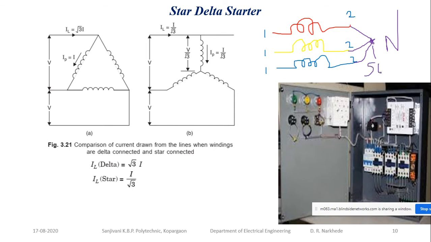In a star connection, all the similar terminals are connected together, either the starting terminals or the finishing terminals. Is it clear to everyone? In star connection, the similar terminals, either starting or finishing terminals, are all connected together, and that particular point is called the star point. So this is your star connection.